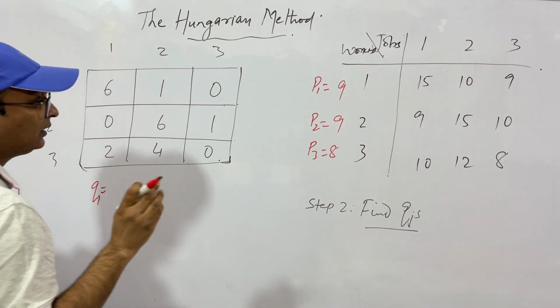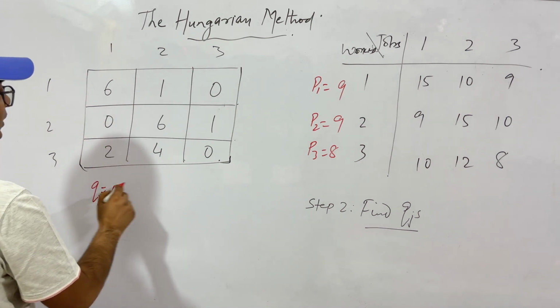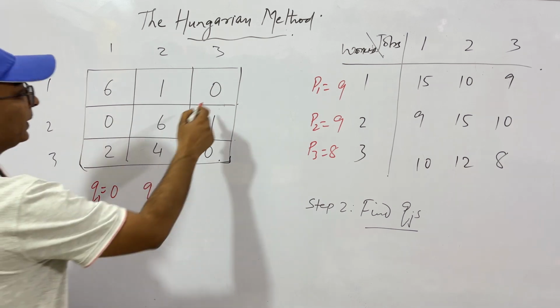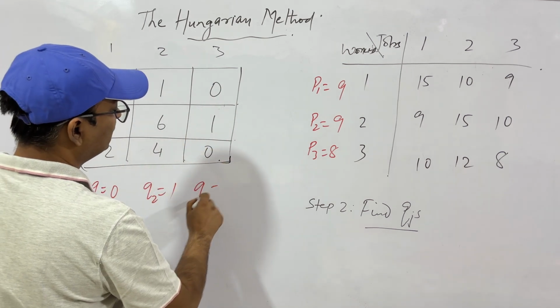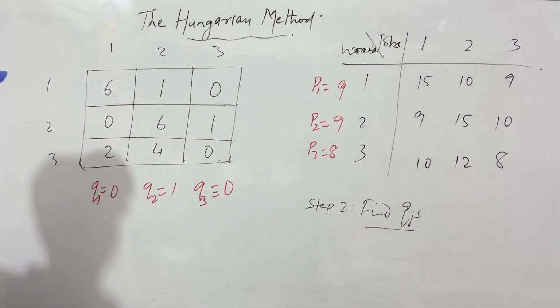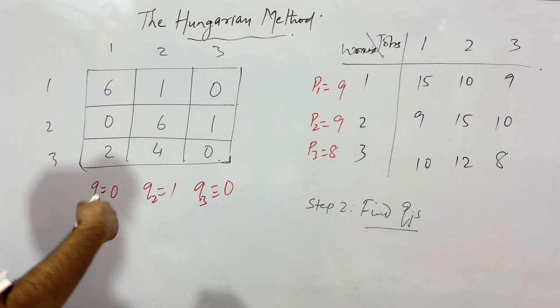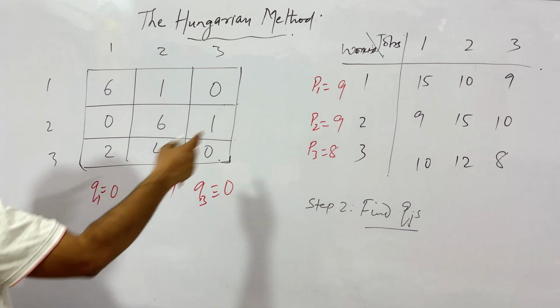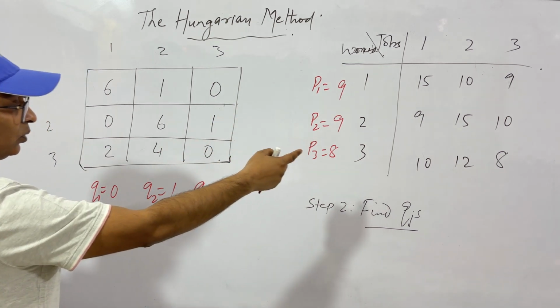Out of these 3 entries, 6, 0, 2, the lowest is 0. Then Q2, 1, 6, 4, so it is 1. Then Q3 is 0. We have 2 zeros. The next step is to subtract all the entries by Q, as we did for rows.